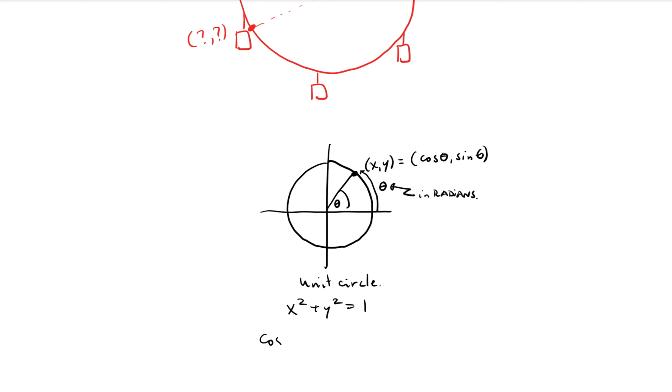So that means that cos square of theta plus sine square. Actually, I'm not going to write it like that. You may be wondering what I'm doing here. There's a very compact way of writing cos theta bracket squared, but for now I'm going to keep writing it like that.